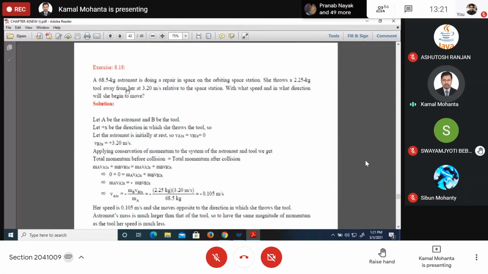She throws a 2.25 kg tool away from her at 3.20 meter per second relative to the space station.